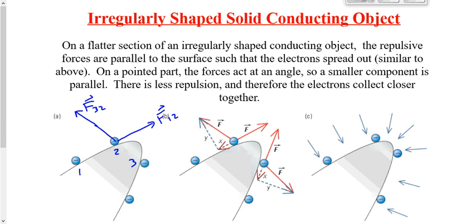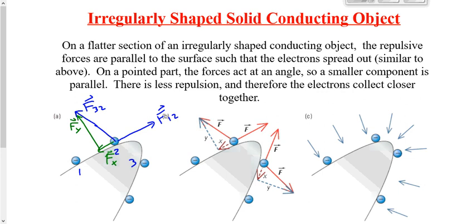Now, because the force of 3 on 2 is at an angle, I'm going to break it down into components. I'm going to break it down into an X component, I'll call that Fx, and a Y component, I'll call that Fy. So Fx and Fy are the X and Y components of F32.